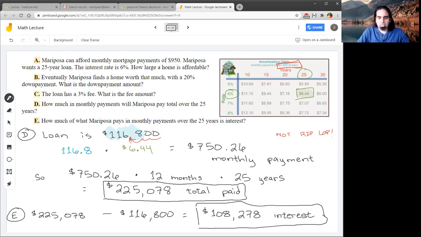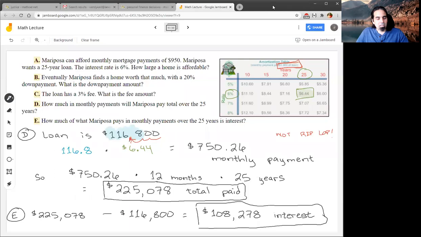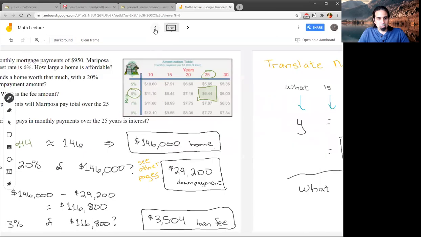Okay, does this slide make sense? Yeah. So I keep saying again and again, don't do your work all by yourself. There's nothing we've done in this mortgage problem that's hard.